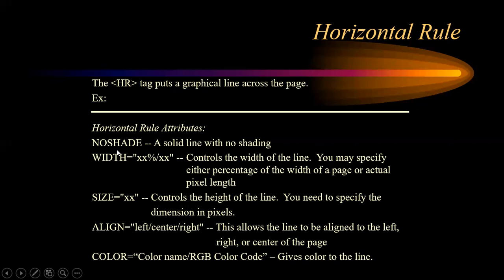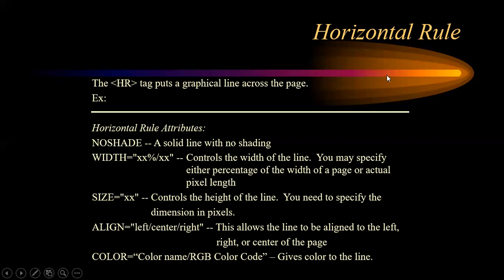These attributes are noshade. Noshade means when the line is inserted, it will be a solid line without any type of shading. When we don't use the noshade attribute of the HR tag, it will insert a line which may have shading.